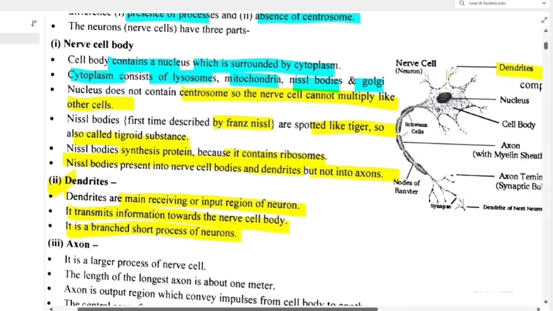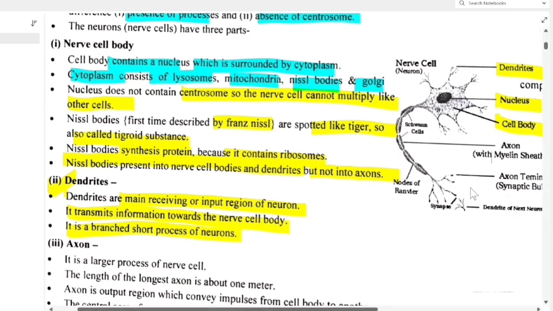Like a star, this is our cell body, and this is our nucleus. So basically this is the dendrite. Hope you understood. Their main work is to receive information towards the cell body, so they are taking information from outside to inside.